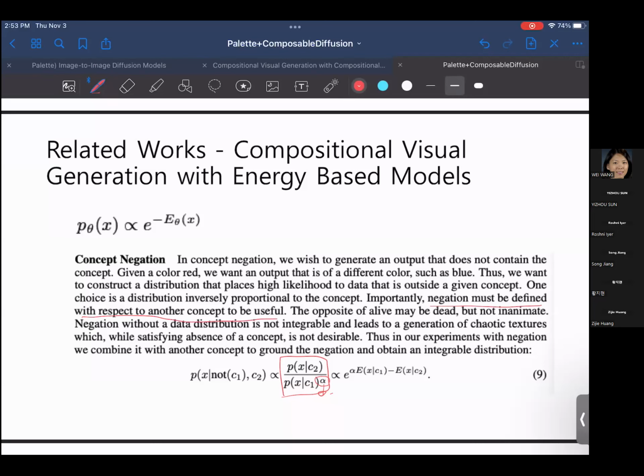I think this is just a way for them to create a proportional equation that can lead to this kind of equation so that they can easily optimize later on. Yeah, so this one is less natural. There are lots of tricks to play. For example, this alpha to control the scale, and then you have this proportion, meaning that the result does not have to be in the range of 0 and 1, so it has some problems.